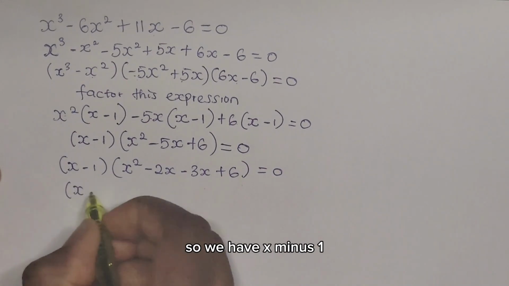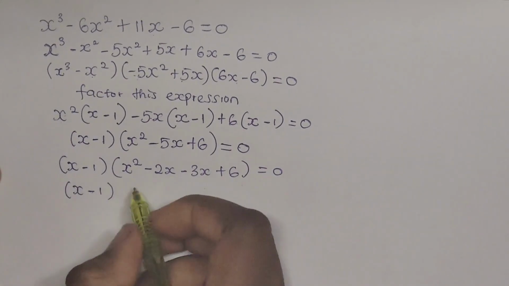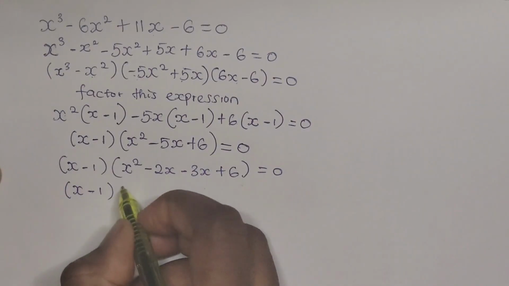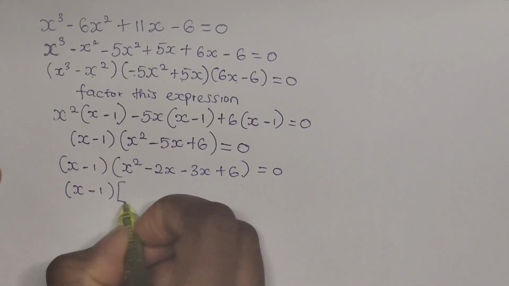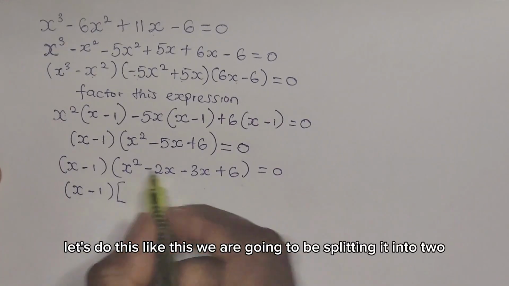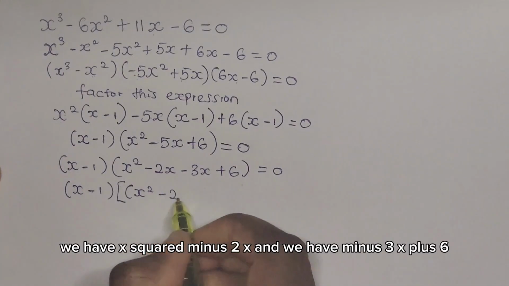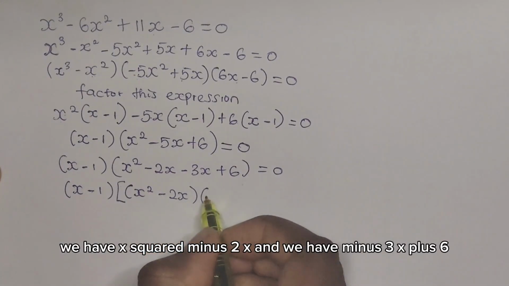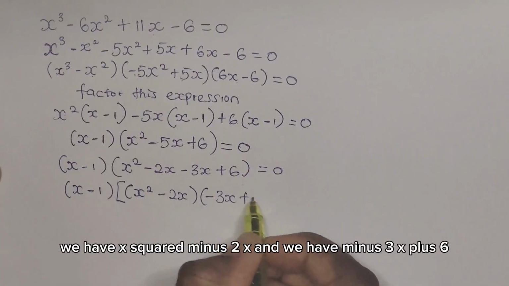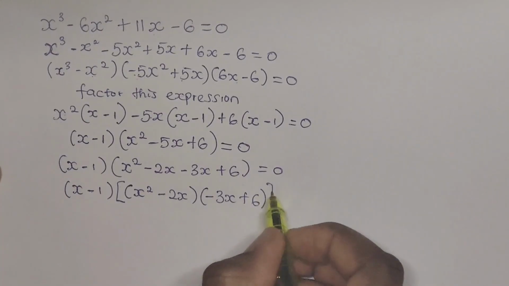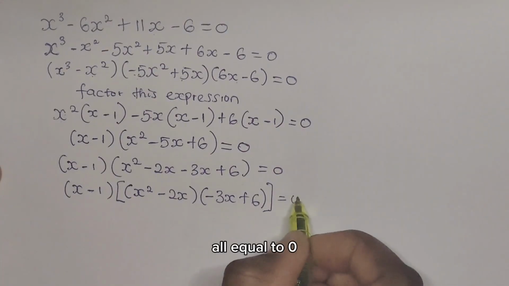So we have x minus 1. Let's do this like this. We are going to be splitting it into 2. We have x squared minus 2x, and we have minus 3x plus 6, all equal to 0.